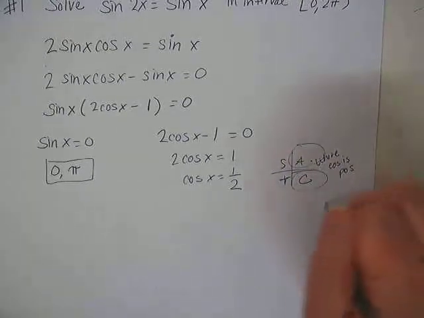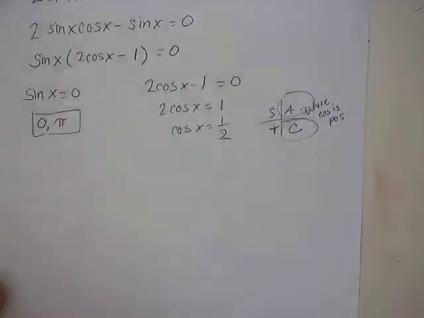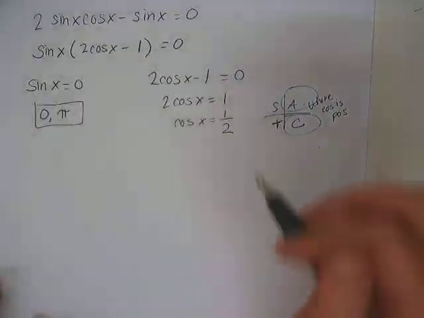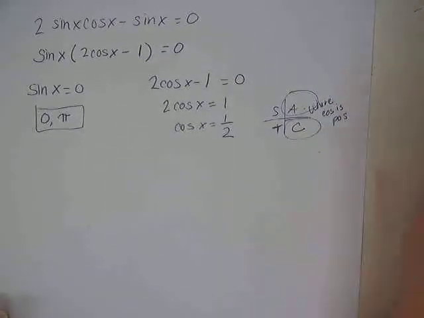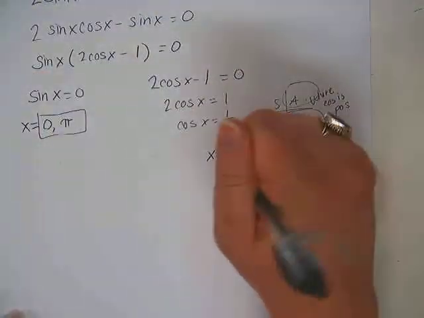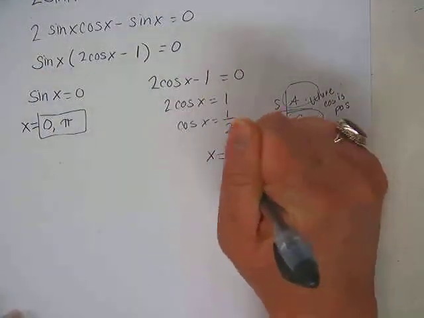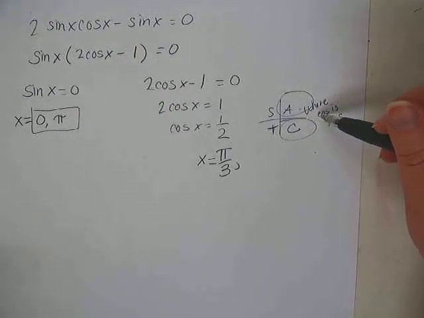That's where cosine is positive, right? So we need an answer in quadrant 1 and an answer in quadrant 4. Okay, what angle is cosine 1/2? 60 degrees, but in this case we want radians. Pi thirds. Okay, so x will equal pi thirds.